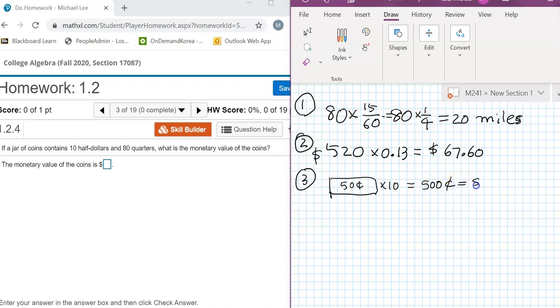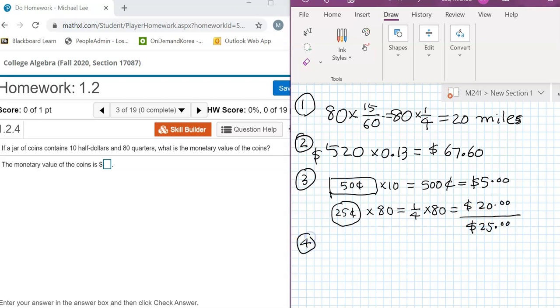That is $5. And you also have 80 quarters. A quarter is 25 cents, and you got 80 of them. So it is actually 1/4 of 80, which is $20. So altogether it is $25, right? So there is number three.